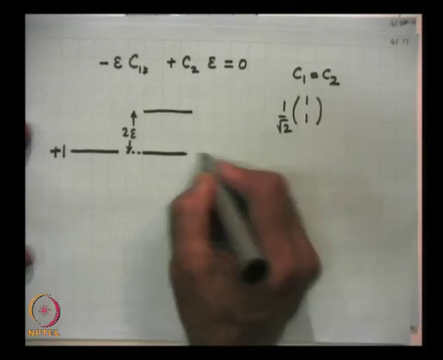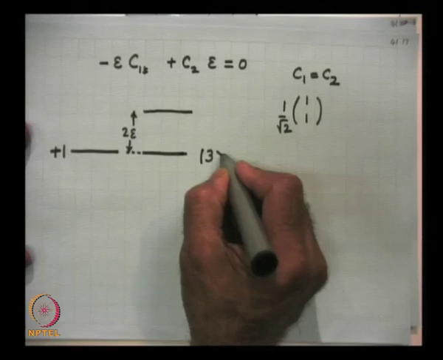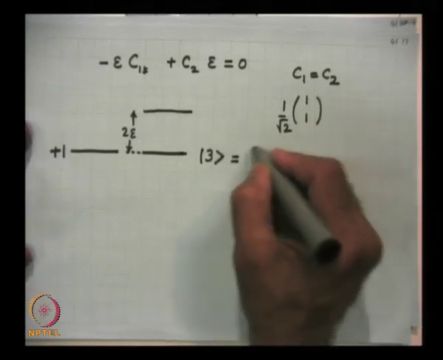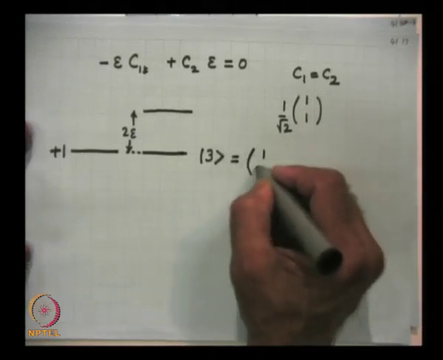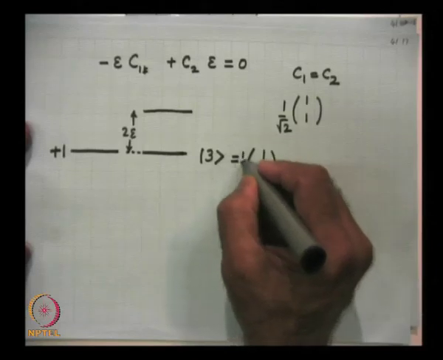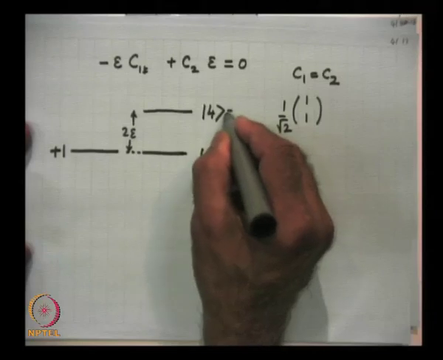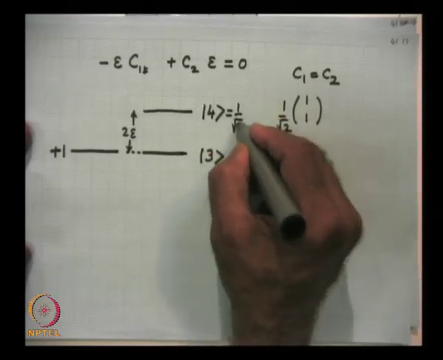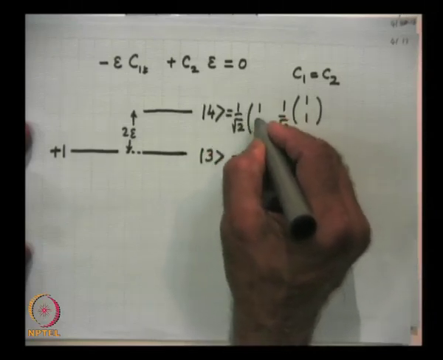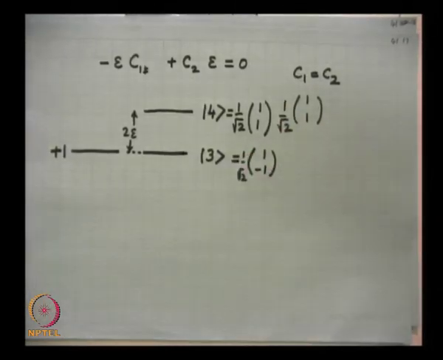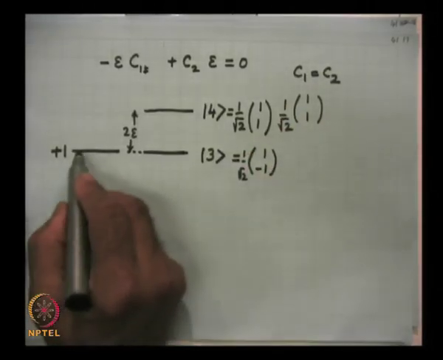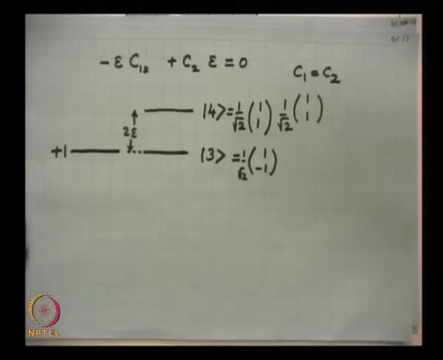This wave function is, say, ket 3, equal to 1 minus 1 divided by root 2, and this wave function, say ket 4, is equal to 1 over root 2 1 1. So, this is a twofold degenerate state, it splits into two states.